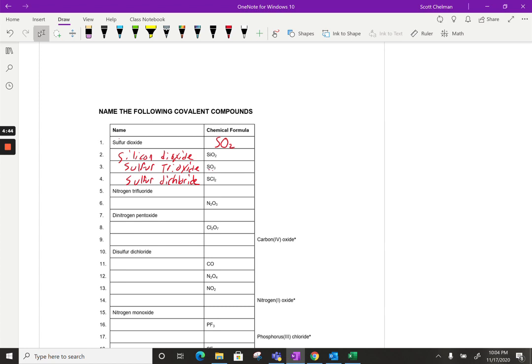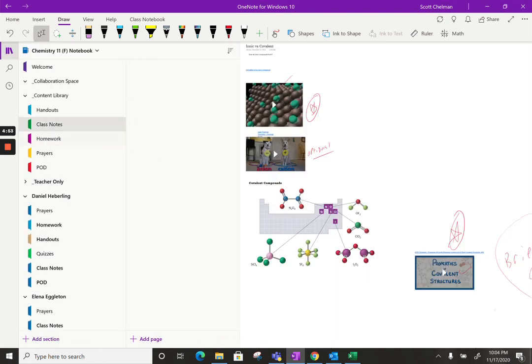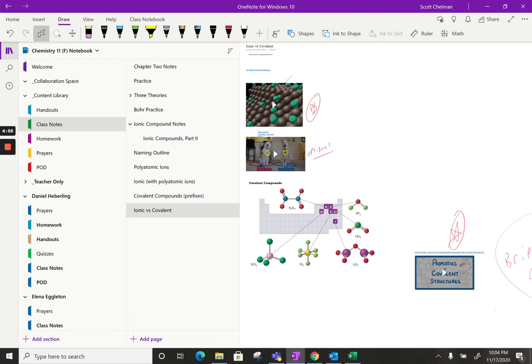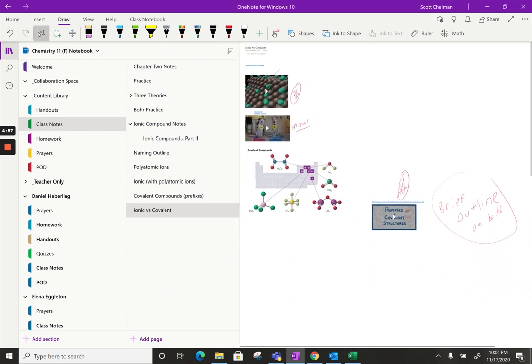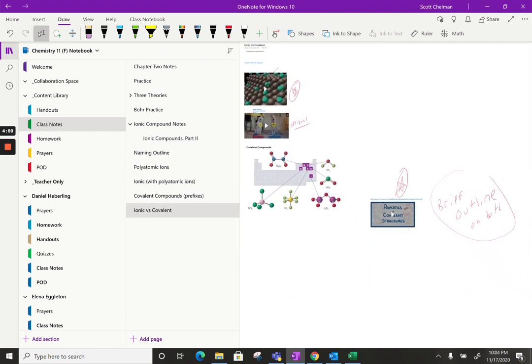And then the homework that was assigned for today is also this sort of thing where you're naming the covalent compounds. Now, the other thing that we went over in class is that we started to look at this idea of ionic versus covalent. And I passed these notes out to you. Make sure you go ahead and star these 2 videos, because I tried to play the videos but I couldn't get the sound to work through Teams.